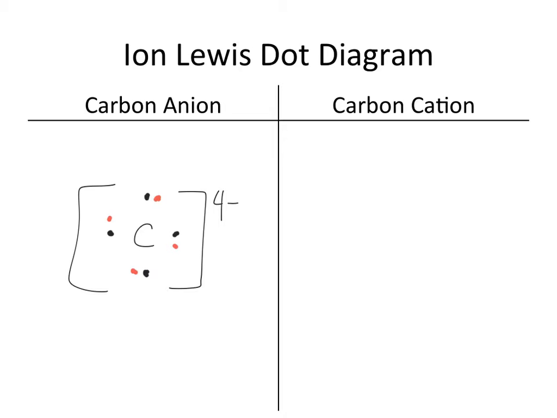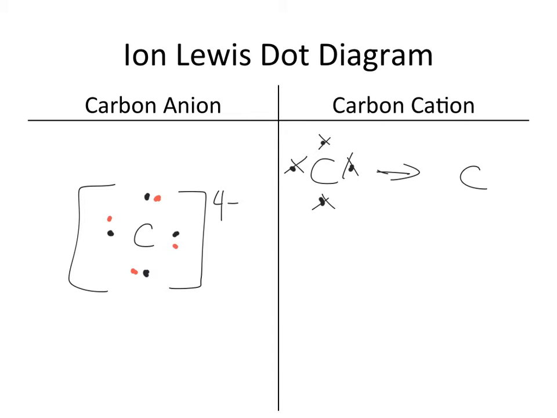If we go back to carbon here, again, we're going to have 1, 2, 3, 4. Now, in this case, because carbon has to lose these 4 electrons, you might end up getting something that looks like this. If you erase them all, you're actually going to come up with an empty shell.